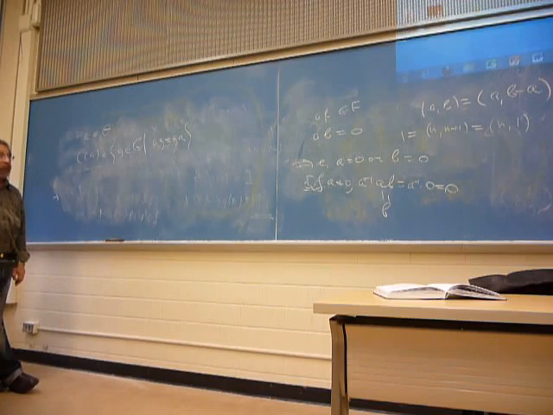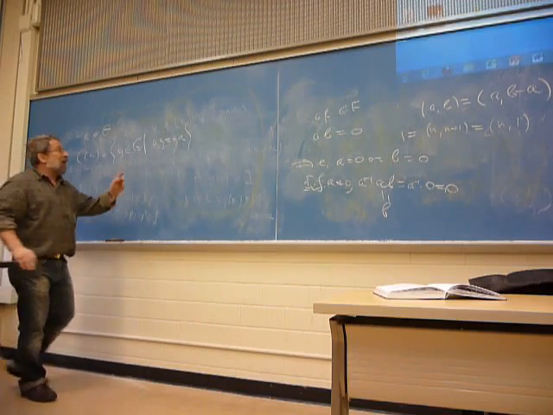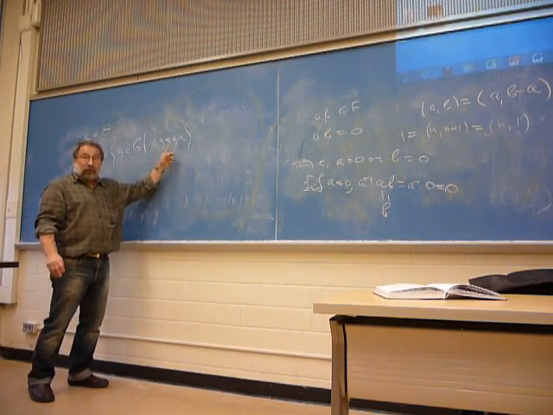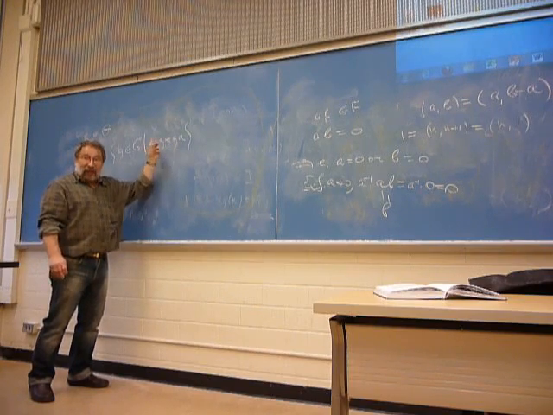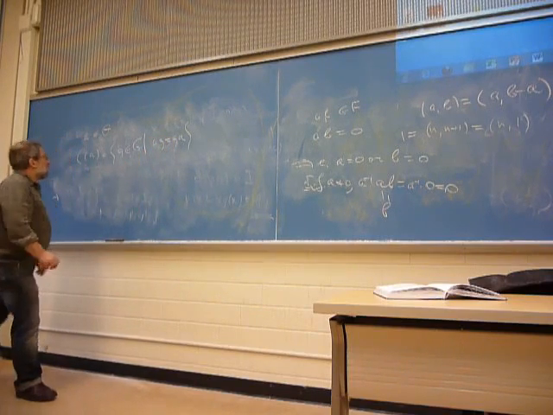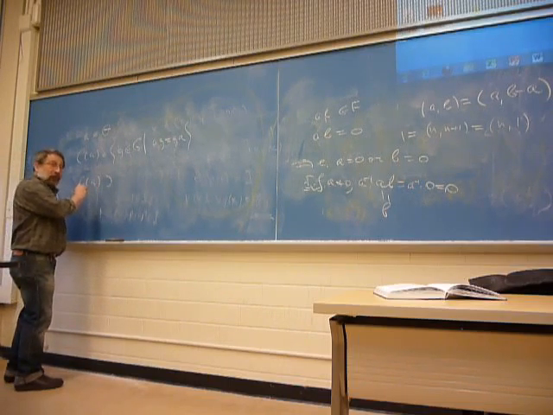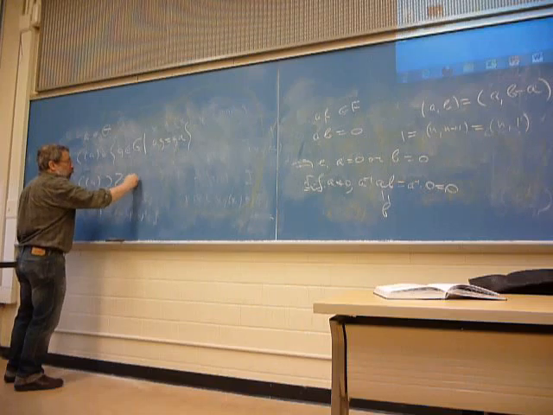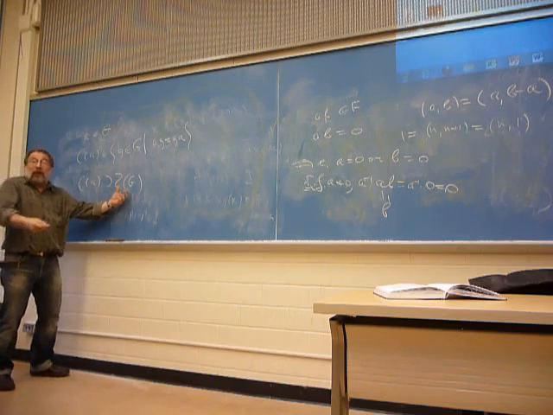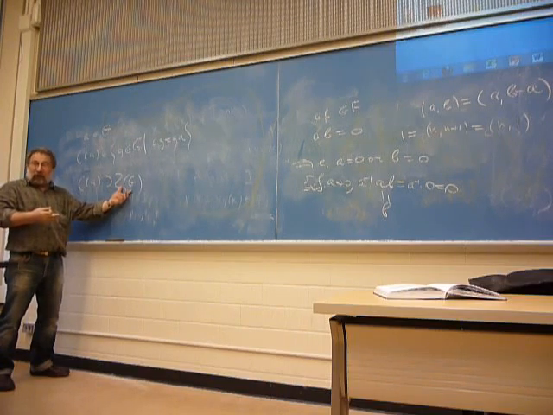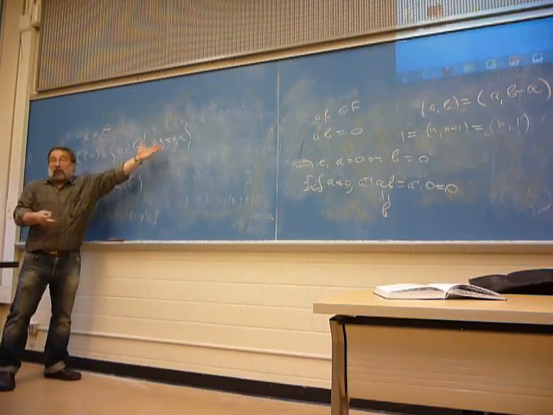Any element of the center commutes with A, so it belongs to the centralizer. So the centralizer of A contains the center of your group, because elements in the center commute with everything, so they commute with this A.